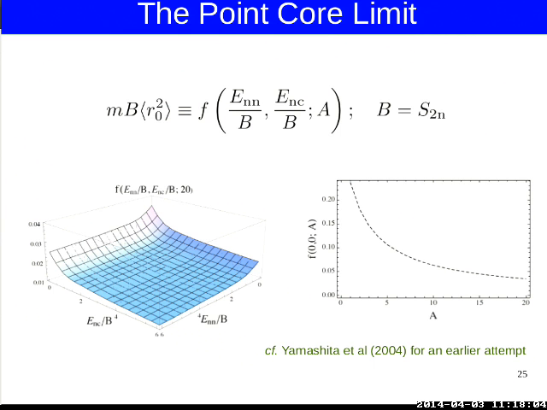So that should be equal to that, plus this m times r3 square. That accounts for this. So for the point core limit, that's all we do. This can be related to the Jacobi coordinates.